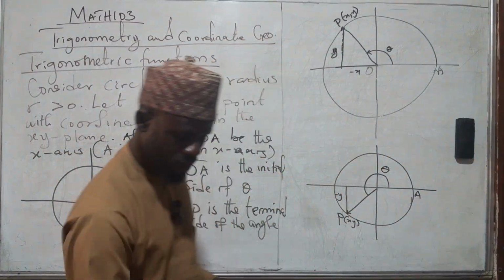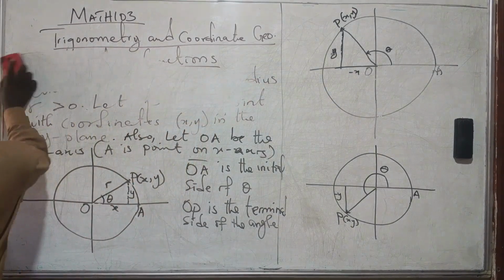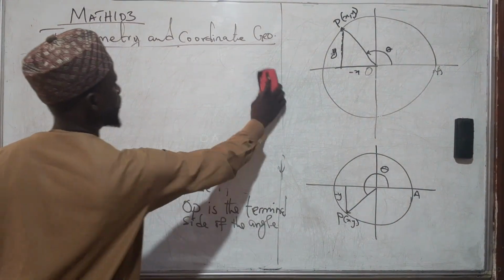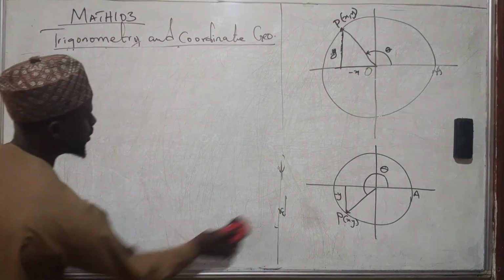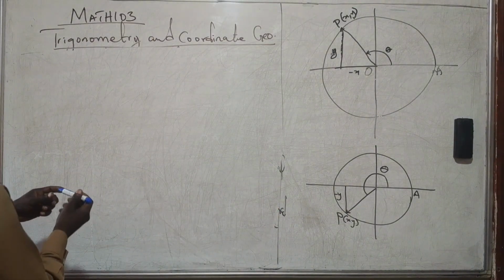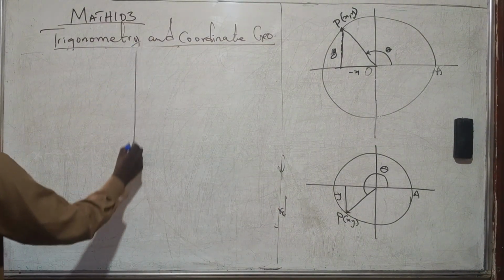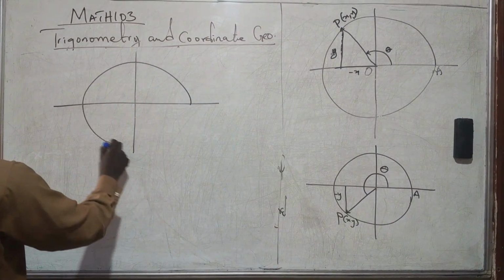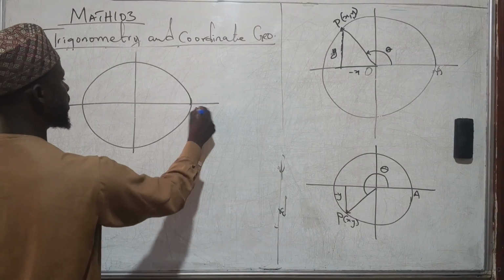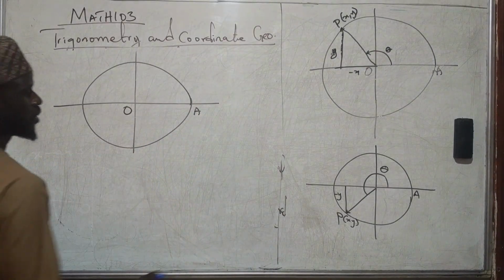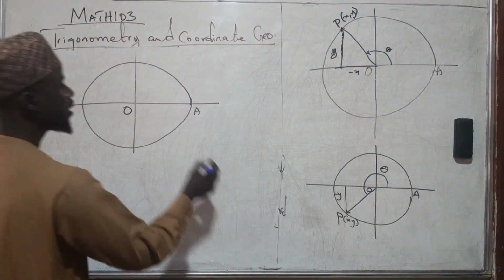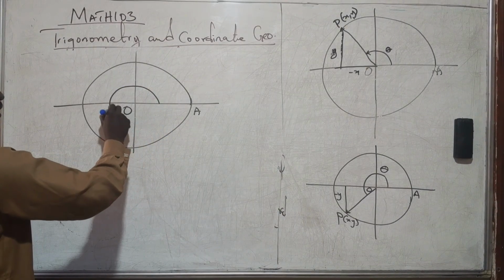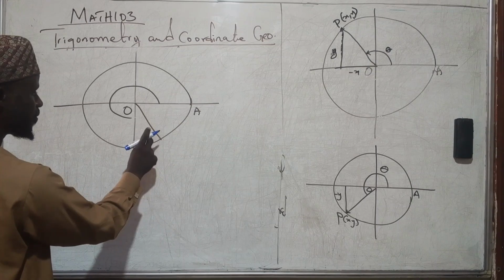Similarly, we'll also look at theta in the fourth quadrant. Here is A. Sorry, O is the center of the circle. And we see this is a point P in the fourth quadrant.